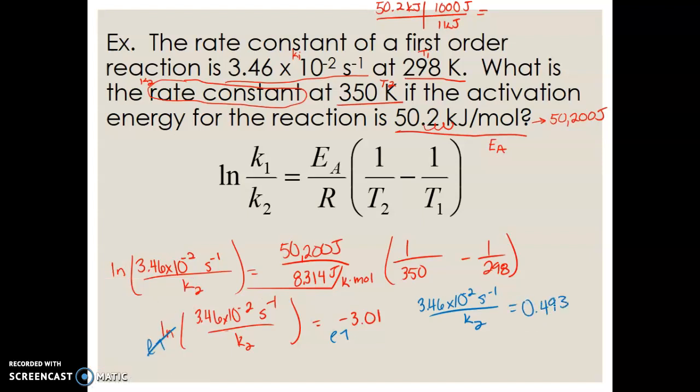And then solving for K2, K2 is going to equal 7.02 times 10 to the negative first 1 over s.